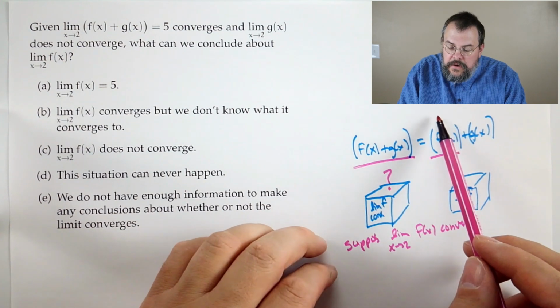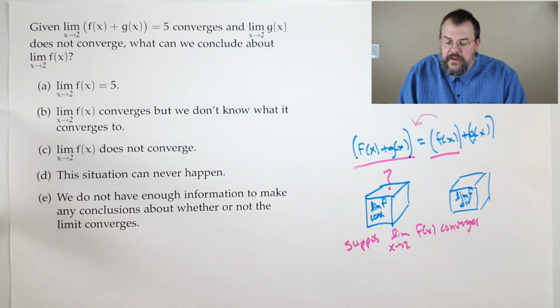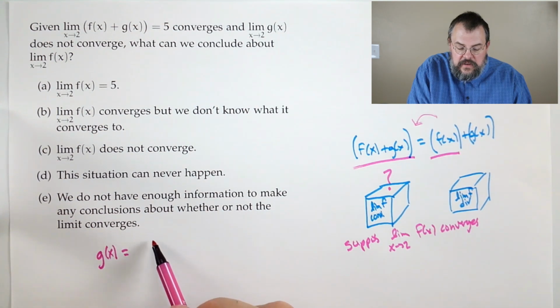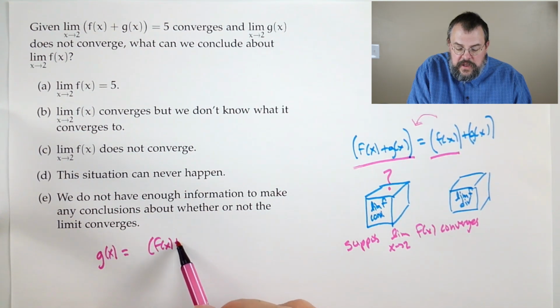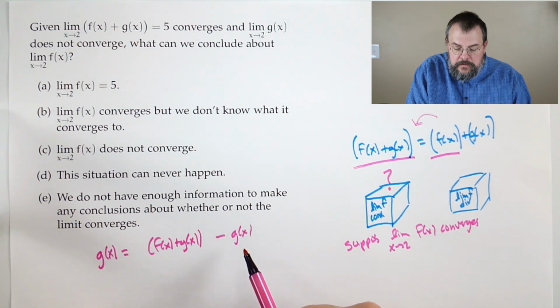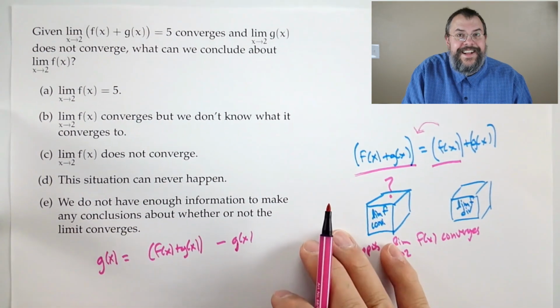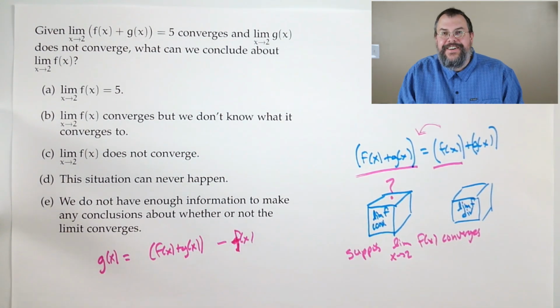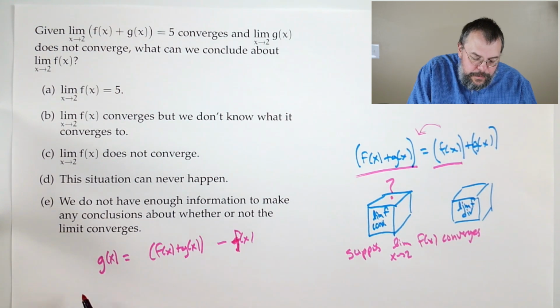So what we can do is a little bit of moving around. We can say, hey, g of x is f of x plus g of x minus f of x. Oops, sorry, typo. There we go. All right, now we throw in the limit.